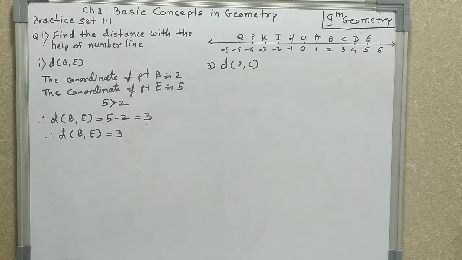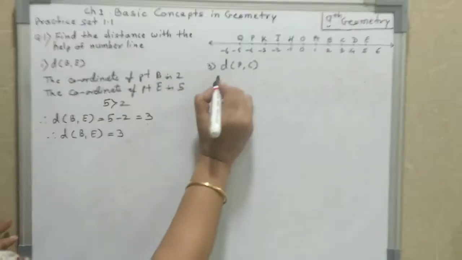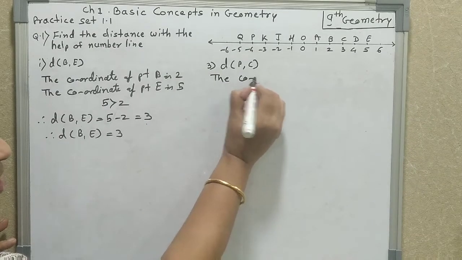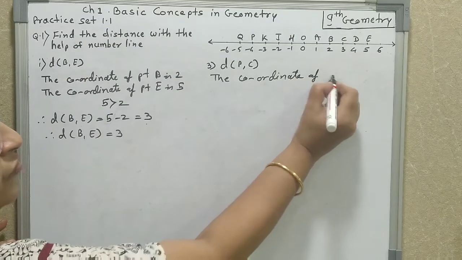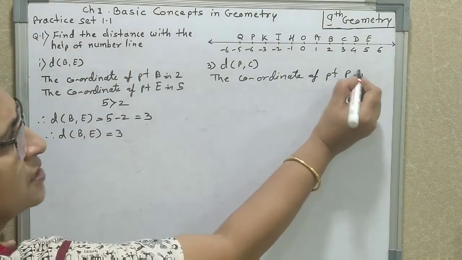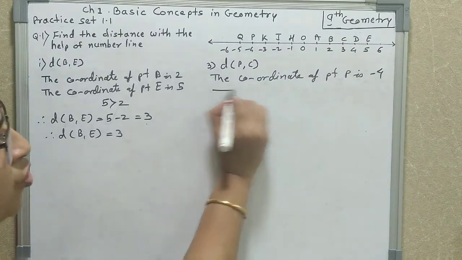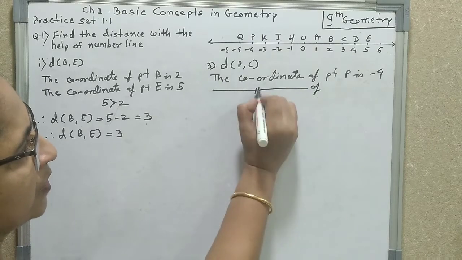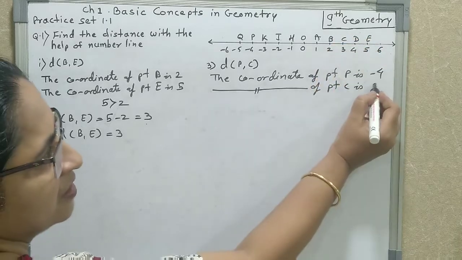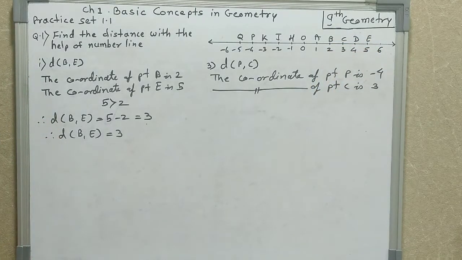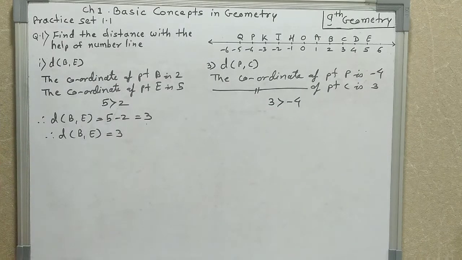Now see the next, third example. Find the distance between P and C. Again, we write the coordinate of point P is -4, and the coordinate of point C is 3. Of these two numbers, which is greater? 3 is greater than -4.